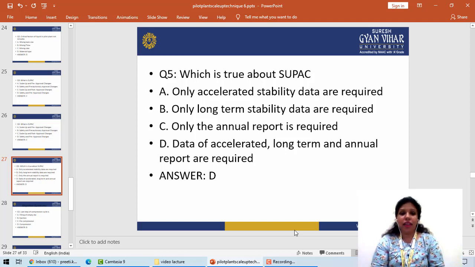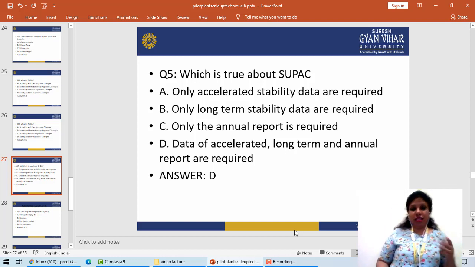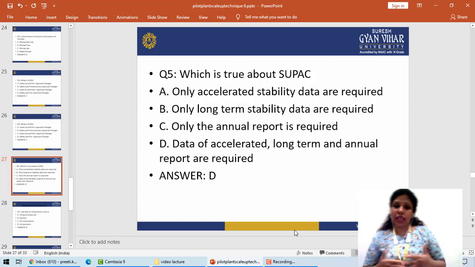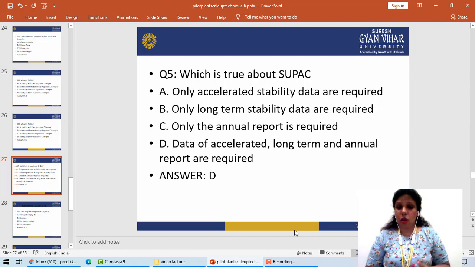C. Only the annual report is required. Or D. Data of accelerated, long-term and annual reports are required. When we talk about SUPAC, we should be clear that we need to submit all the data. It is data related to accelerated study, data related to long-term and annual reports. All the data are required.